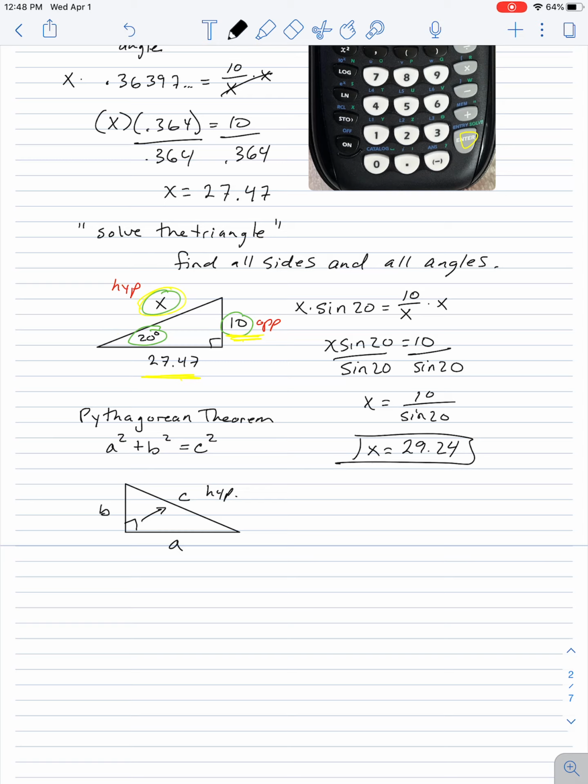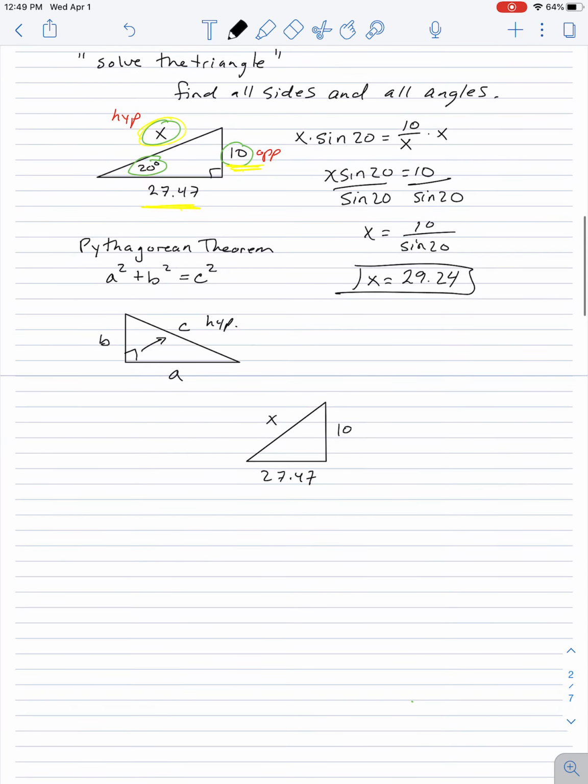So in our previous example, let's say we had this triangle here. We had 10 and we had 27.47, and if I wanted to find the hypotenuse, instead of setting up this sine function, I could use the Pythagorean theorem.